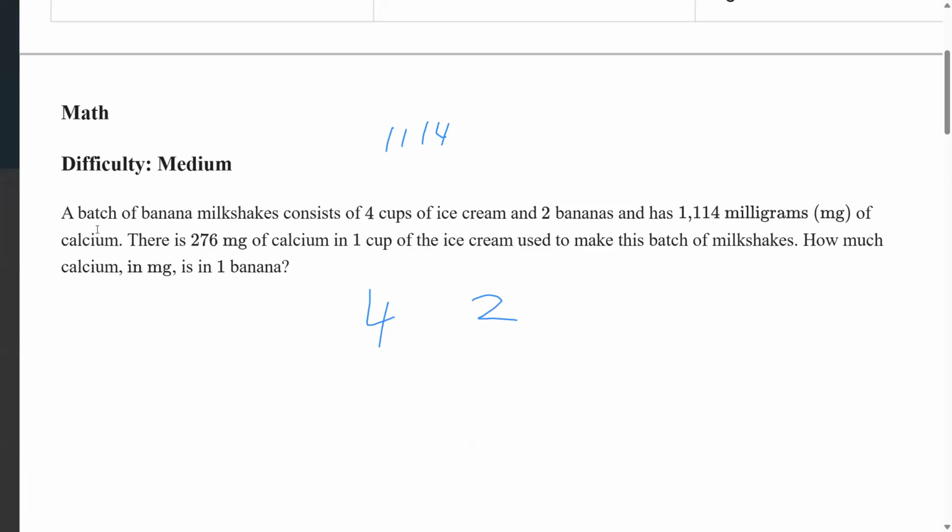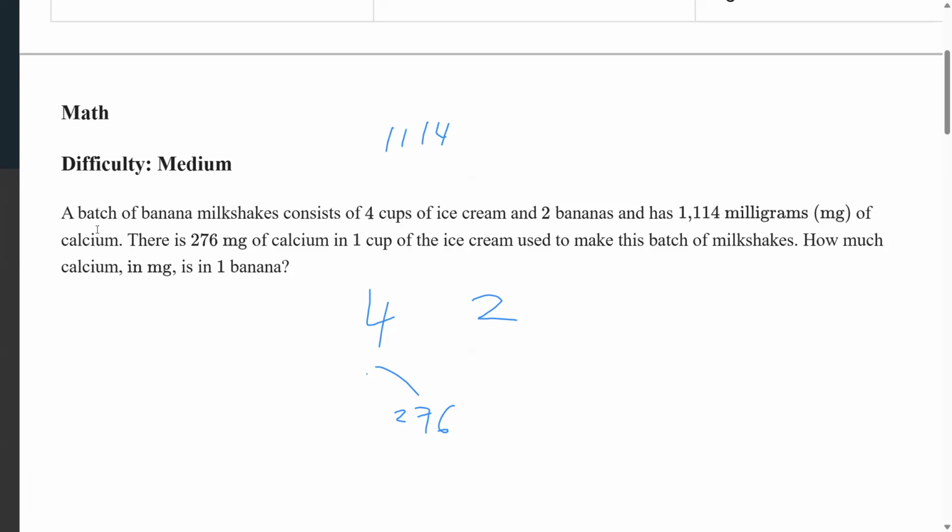276 milligrams of calcium in 1 cup of ice cream. So there is 276 for each one. Okay. Used to make this batch of milkshakes, how much calcium is in 1 banana?